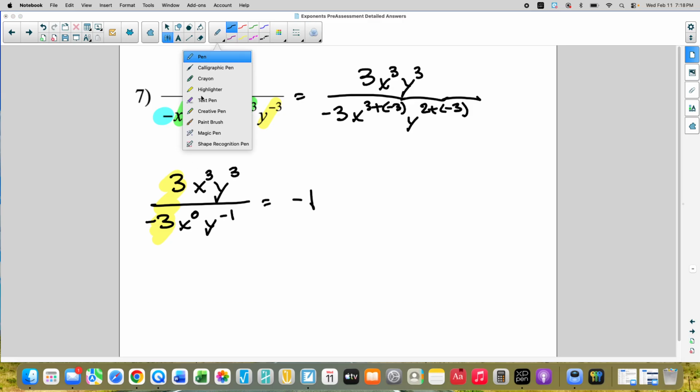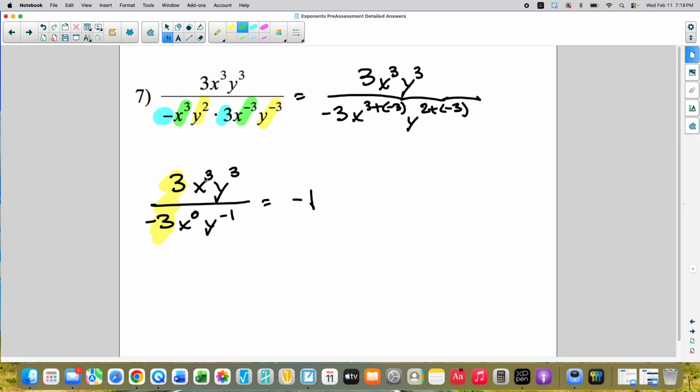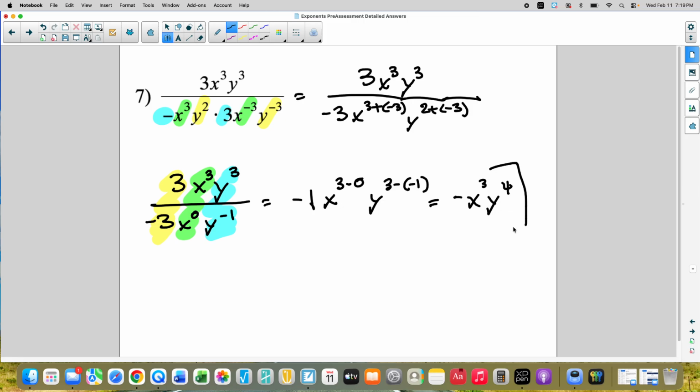We're going to deal with the variables. We're dividing. So dividing is subtraction. So that's x to the 3 minus 0. And let's deal with the y's. So that would be y to the 3 minus -1, which is negative x to the 3rd, y to the 4th. That would be our answer.